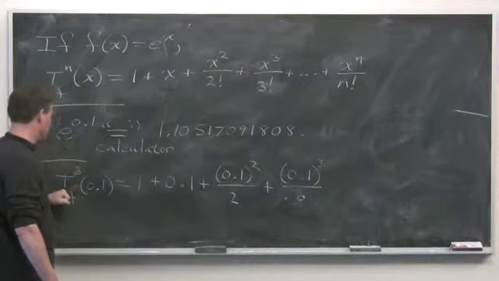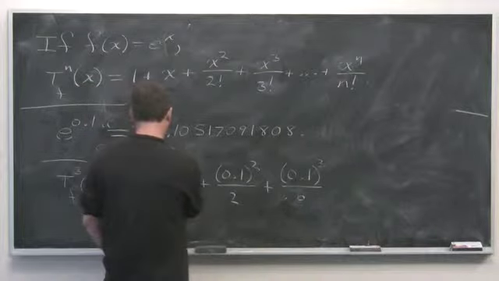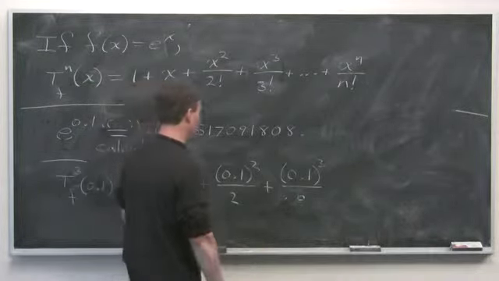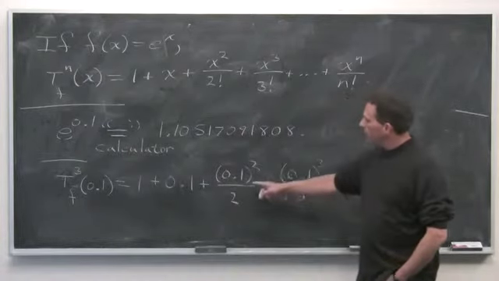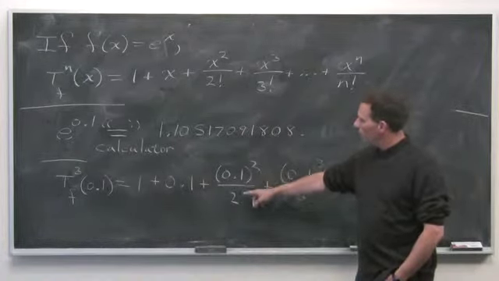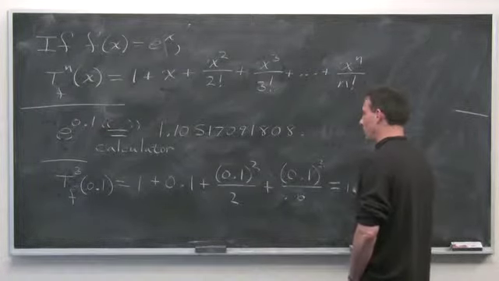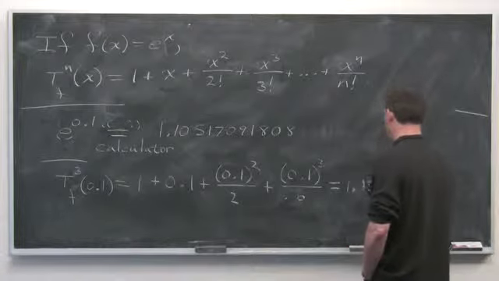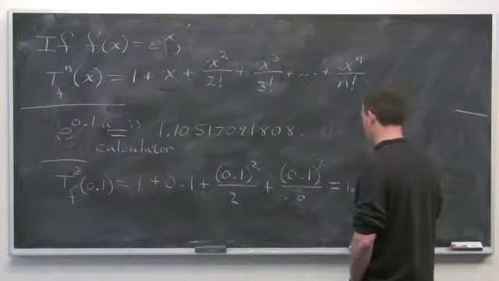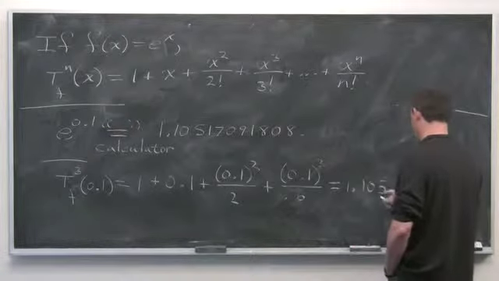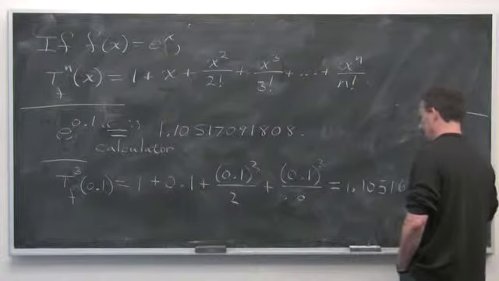The third order Taylor polynomial evaluated at 0.1 is 1 plus 0.1 plus 0.1 squared over 2 plus 0.1 cubed over 6. This is 1.1, and then 0.01 divided by 2 gives 0.005, so we get 1.105, and then 0.001 divided by 6, so we should get 1, 6 repeating here.